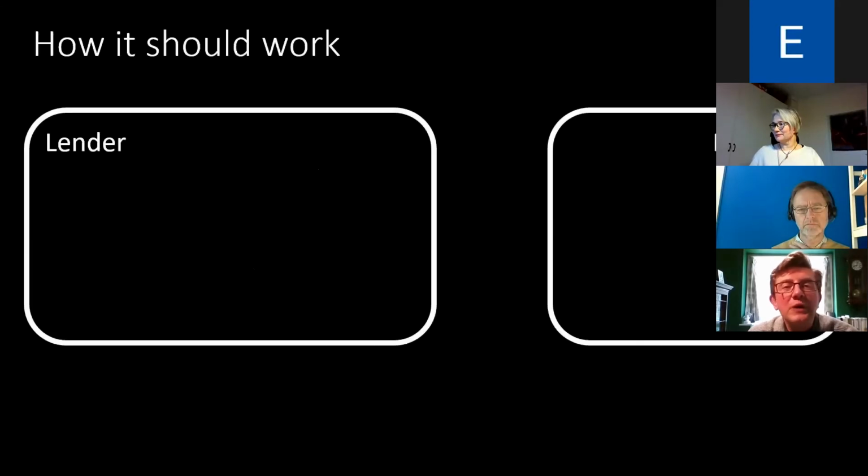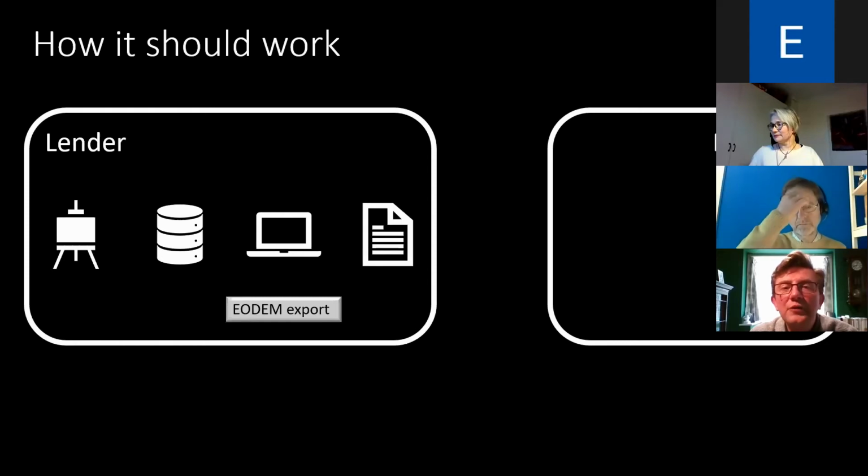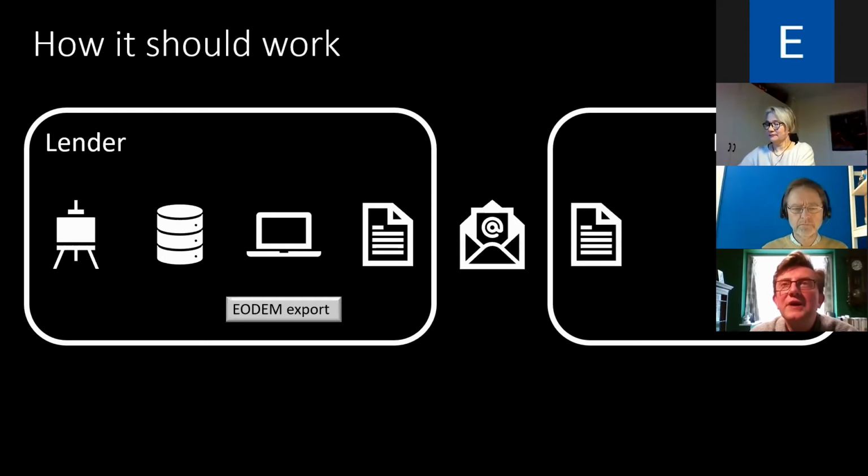So we should start with an object that is recorded in a database. The object's lender would open their collections management system and find the record for that object. They would press the EODEM export button and an EODEM file would be created. They would then email that file to the borrower, and the borrower would receive the email and save the file.